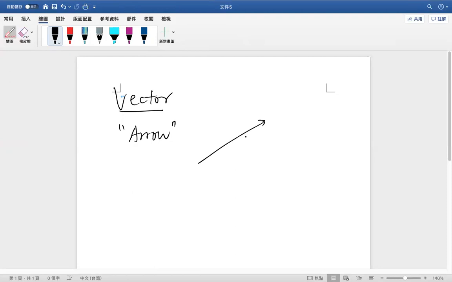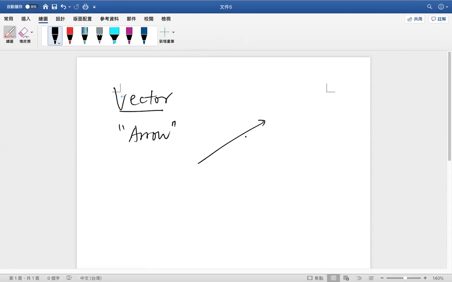Because for velocity, you can't just tell us your speed, right? If you just tell me the speed, you can't really understand the direction you are going to. For example, you can go north at 2 meters per second, or you can go south at 2 meters per second, right?